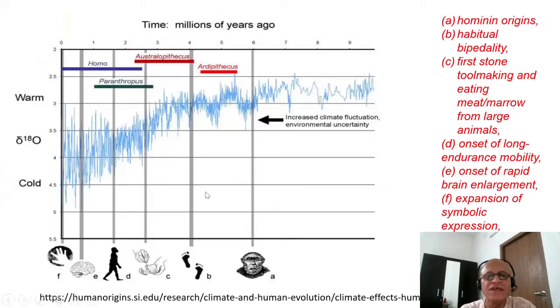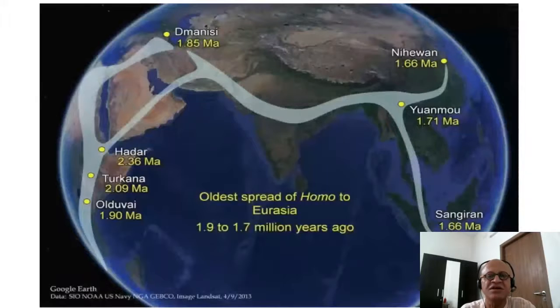So climate and carbon and human evolution are intimately tied in this scenario, and climate also allowed these migrations going here from Olduvai to Turkana, Haidar, and into the European regions, Asian regions, and maritime regions, and of course back and forth.